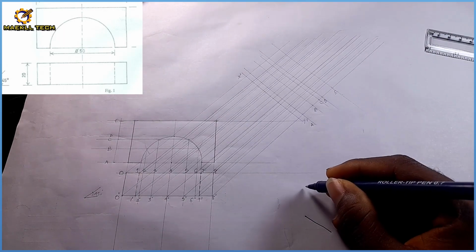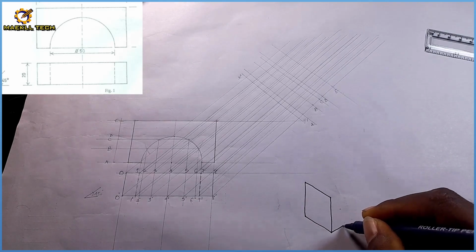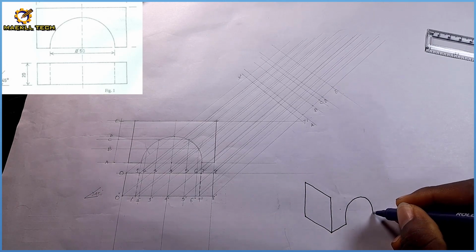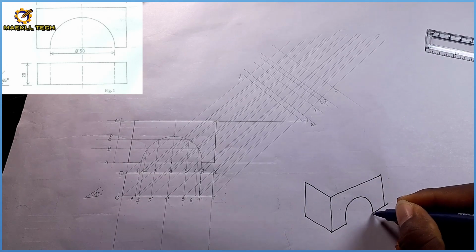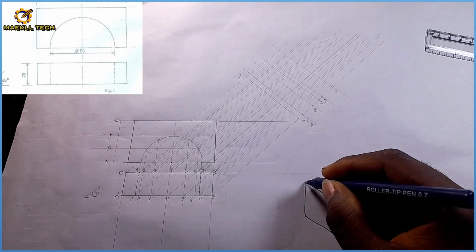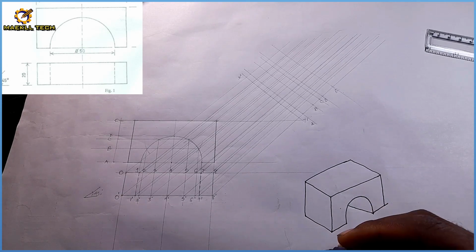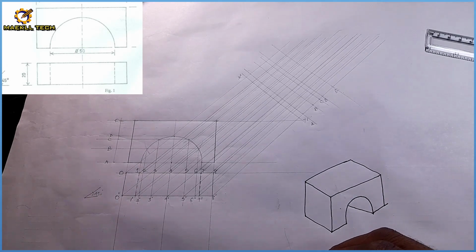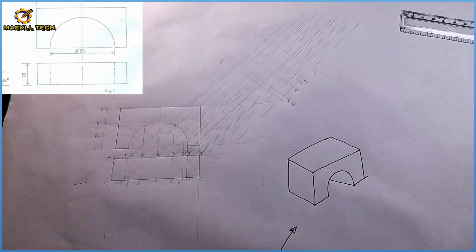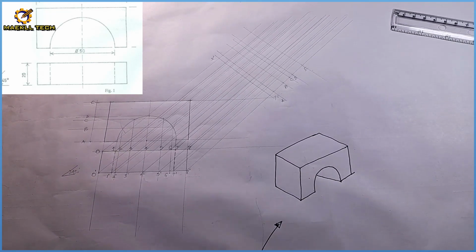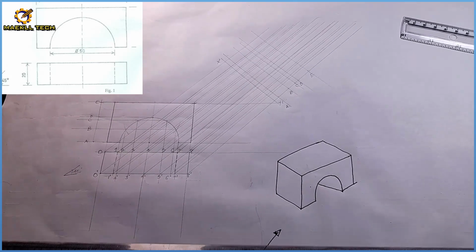Yeah, that is the perfect picture, which means if I'm looking from this direction of the arrow, this is what I will be seeing.